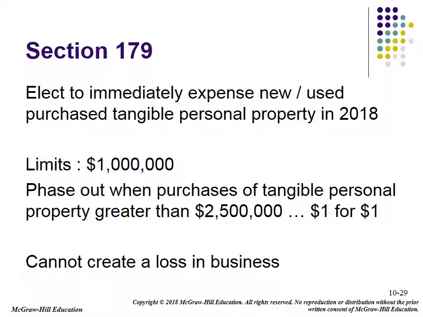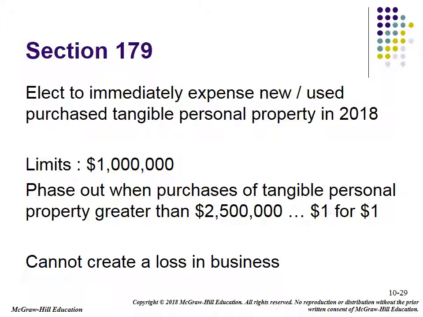So you can also calculate normal MACRS depreciation the same year on the remaining basis. Whenever you expense an asset, you subtract the amount of the expense from the cost. And if there's anything remaining, you can still depreciate that. But now you have to depreciate it under normal MACRS.